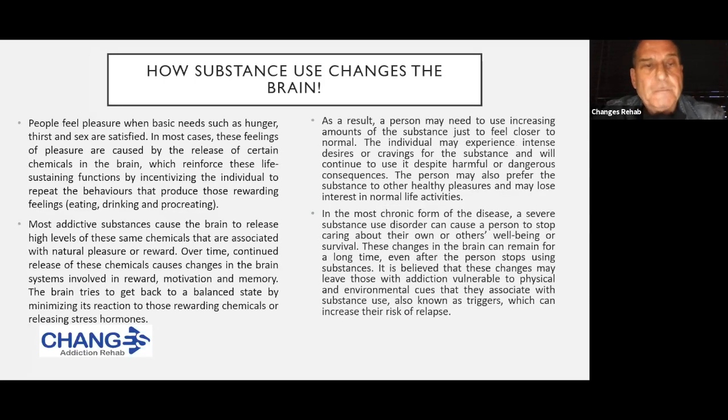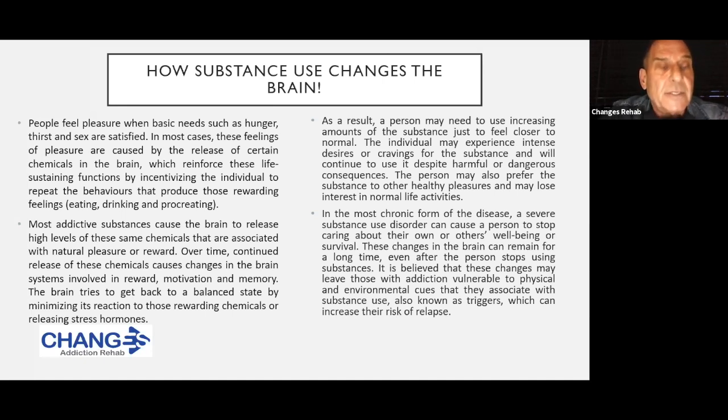Next slide. How substance use changes the brain. People feel pleasure when basic needs, and that's what we were discussing earlier on, needs such as hunger, thirst, and sex, are satisfied. In most cases, these feelings of pleasure are caused by the release of certain chemicals.